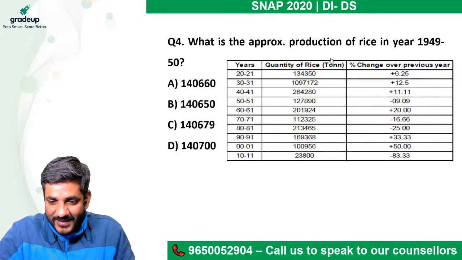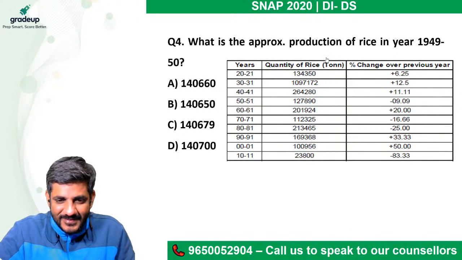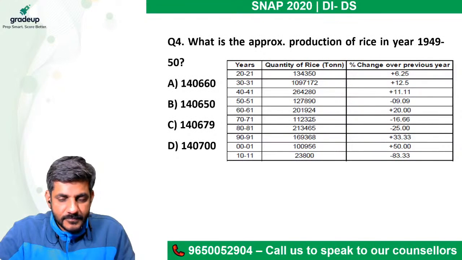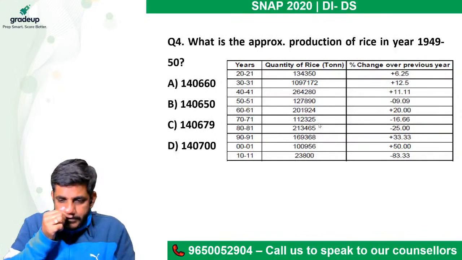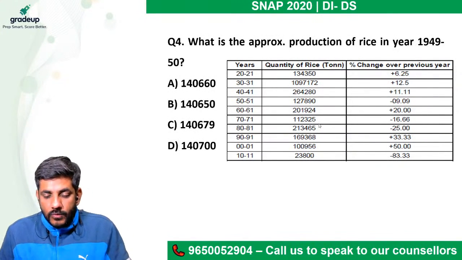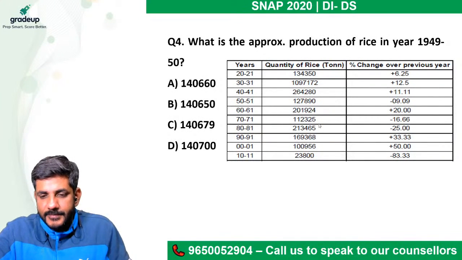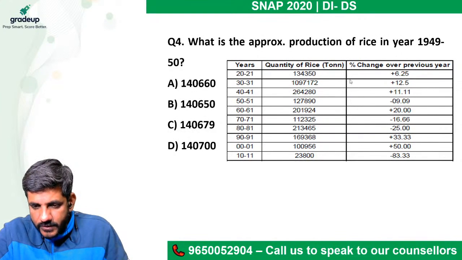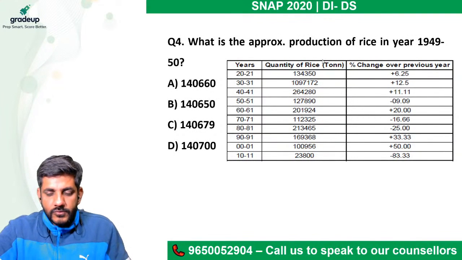Do not write the complete solution. Let others try once. Okay, Sheetal Wagmare says C. Anuj Bhargav says 140679. Vinay says C. So everyone is getting C.